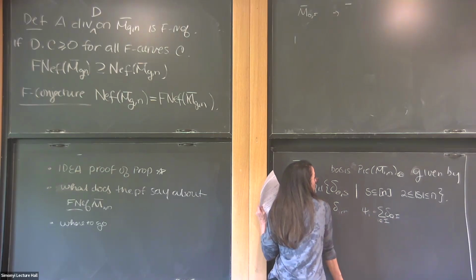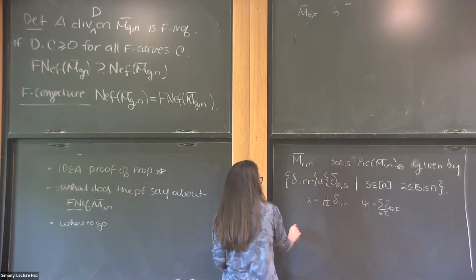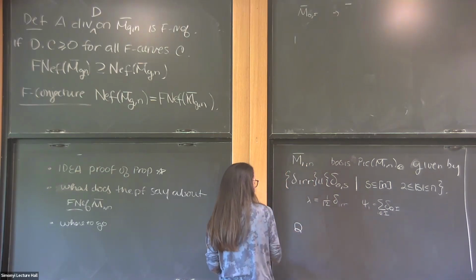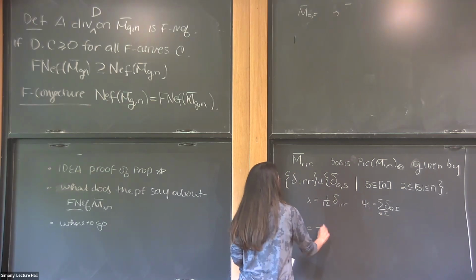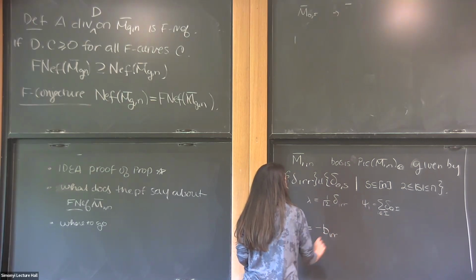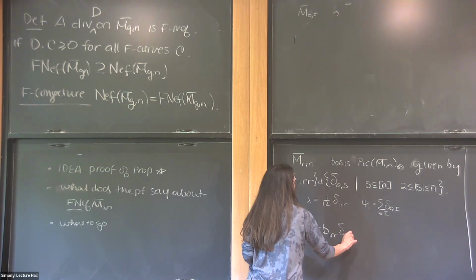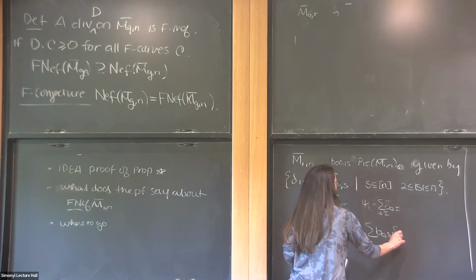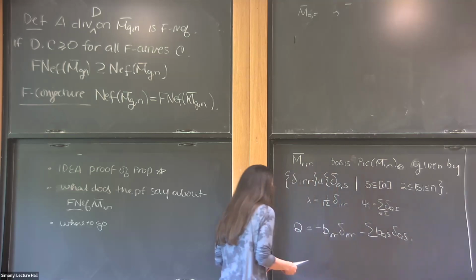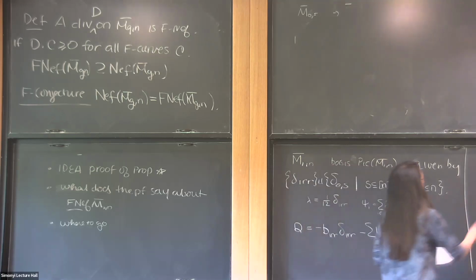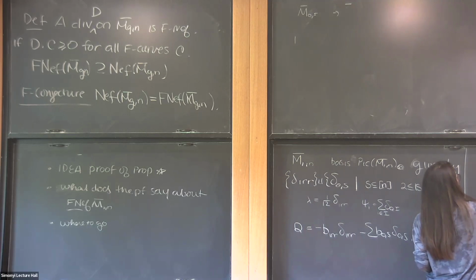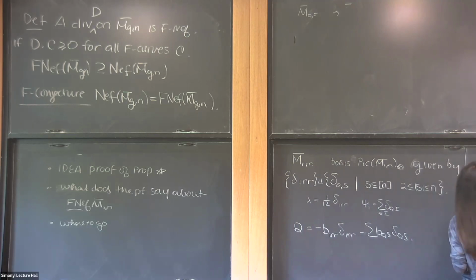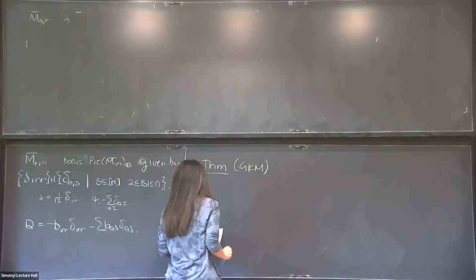Just to justify, the formula is all right for F divisors. Just following the notation in GKM, I write the divisor as minus B irreducible delta irreducible, minus the sum of B0,S delta 0,S. And then we can write down what it means to be an F divisor. What is delta irreducible?